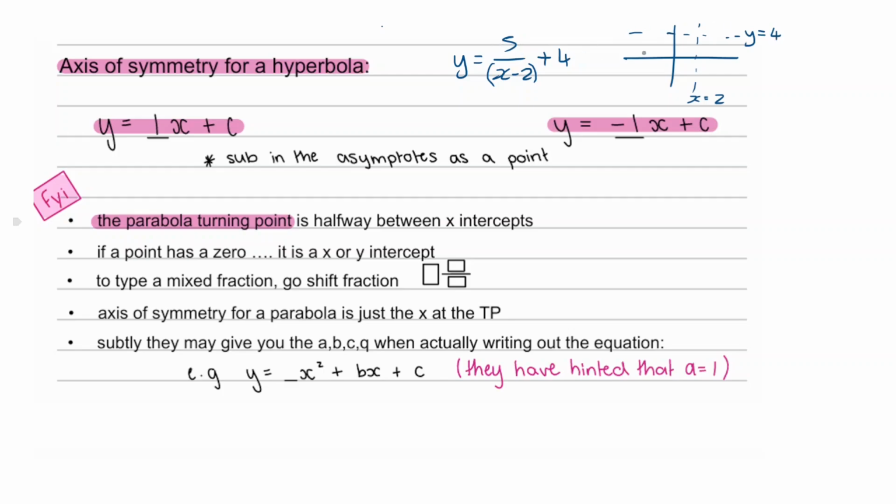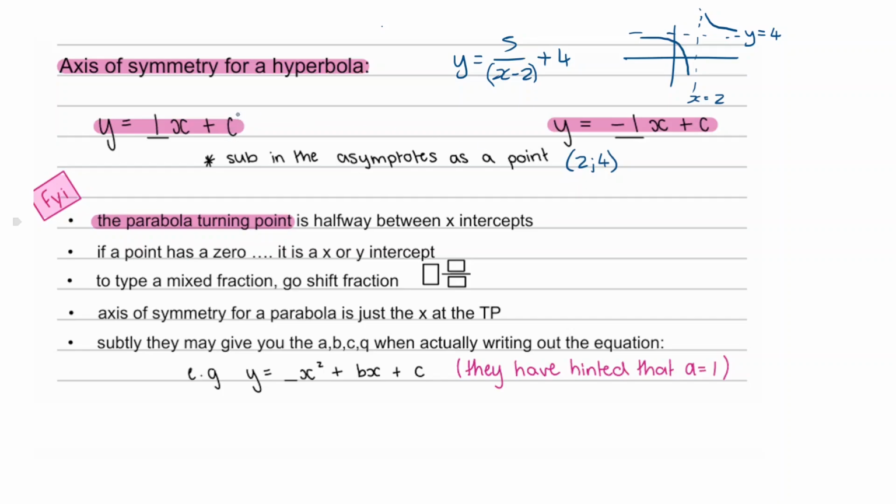5 is a positive on top, so just for your reference, it will be in the two diagonal, both positive, both negative quadrants. If you're asked to work out the axis of symmetry, it's always going to have a gradient of 1 and always a gradient of -1, and all I need to do is sub in the asymptotes as a point. So in my picture, the asymptotes as a point would be 2, 4, and so this becomes a really easy, almost grade 9 question.